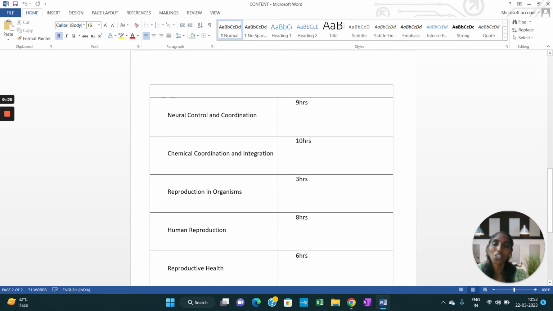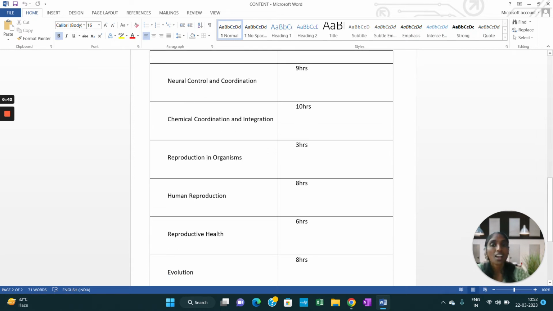It's a very simple topic. You can easily understand because so many questions they will ask you only from the examples. And human reproduction is a very important lesson. It carries 8 hours. We must understand what is gametogenesis, that is the spermatogenesis process and oogenesis process, fertilization, implantation, and finally gestation and parturition.